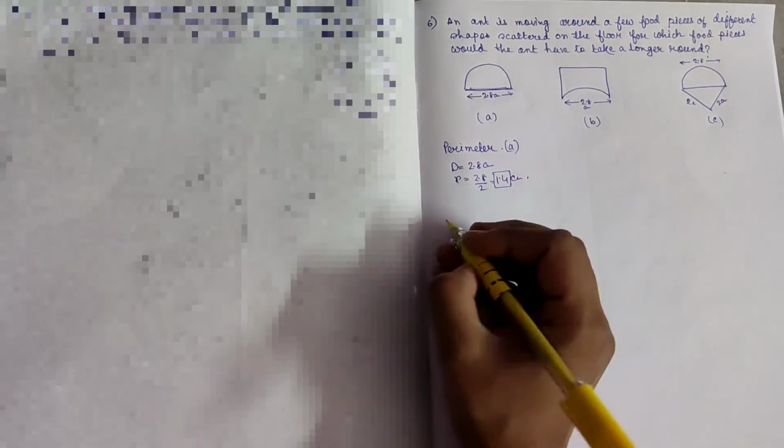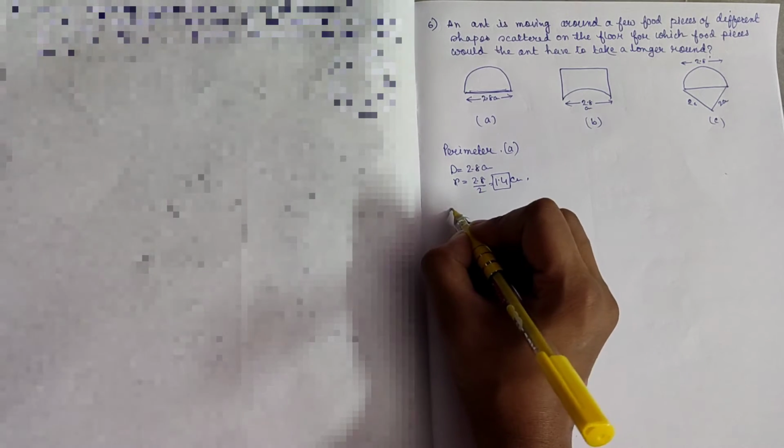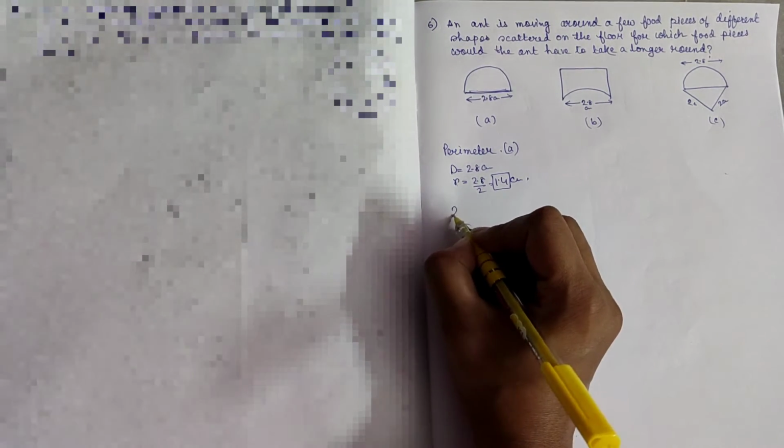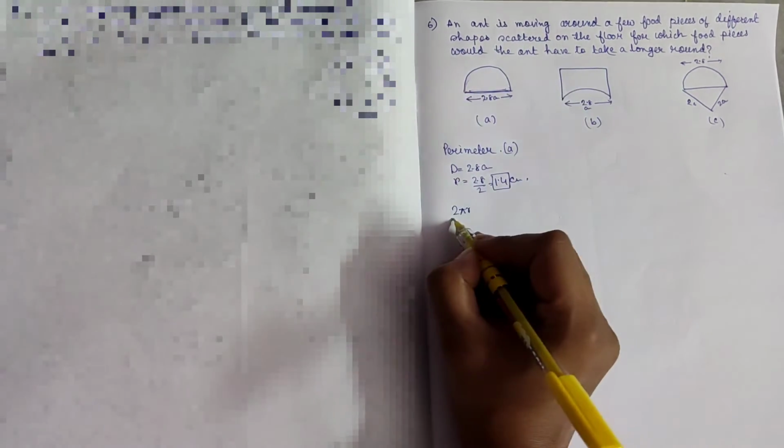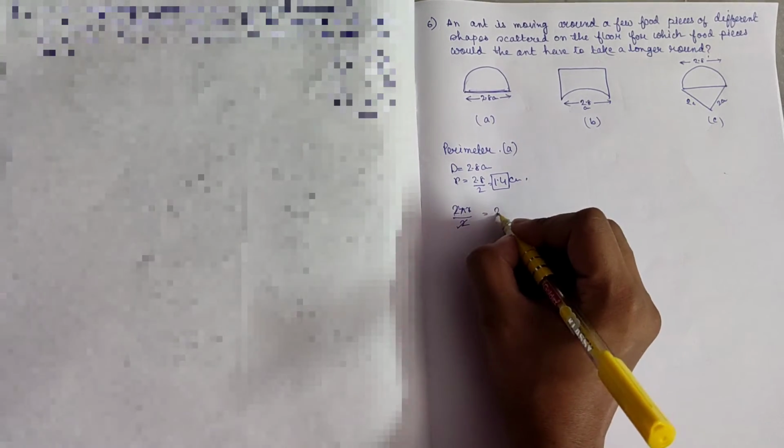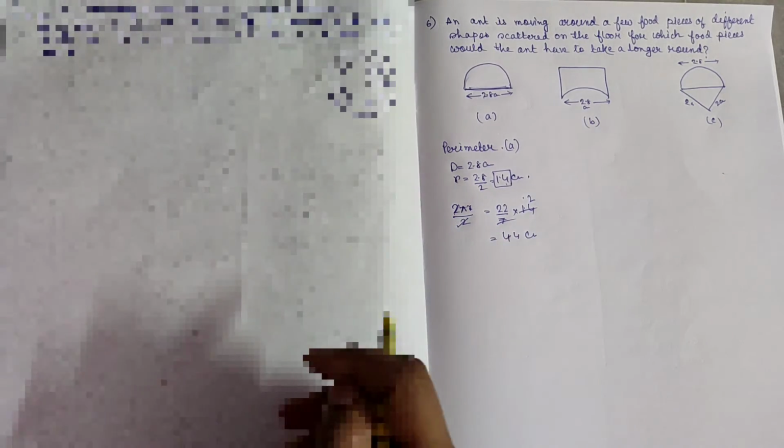If the radius is 1.4, the formula for the perimeter of a circle is 2 pi r. As it is the shape of a half circle, definitely it will be half. So pi r, pi is 22 by 7 and r we have got 1.4. So 0.2, what is it? 2 fours are 4.4 centimeter.